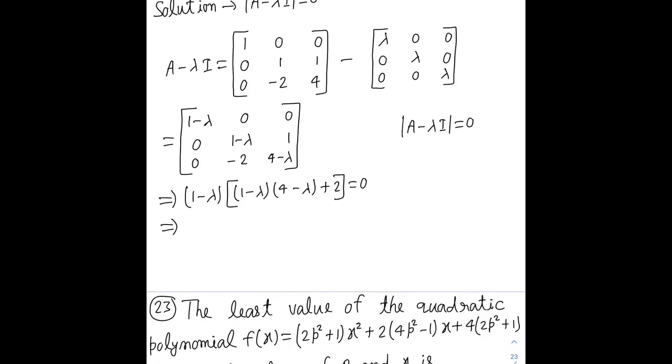Okay, next you need to simplify. You have 1 minus lambda, and over here 1 minus lambda into 4 minus lambda, that is nothing but lambda square minus 5 lambda plus 4, then 4 plus 2 will become 6.